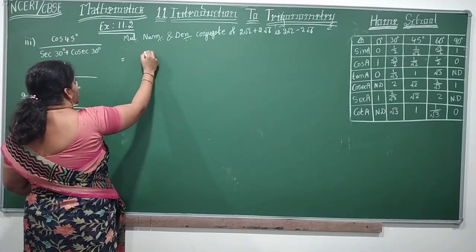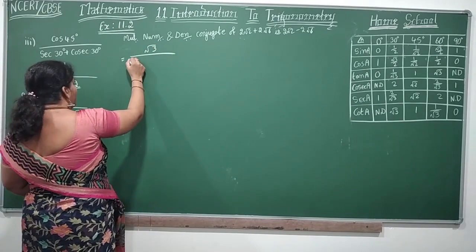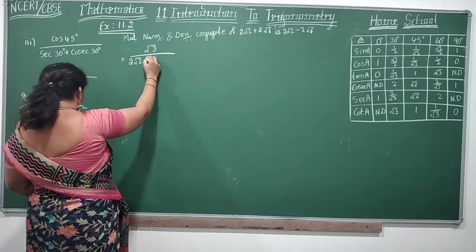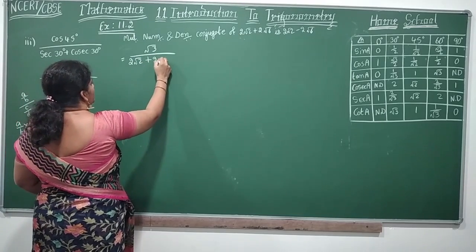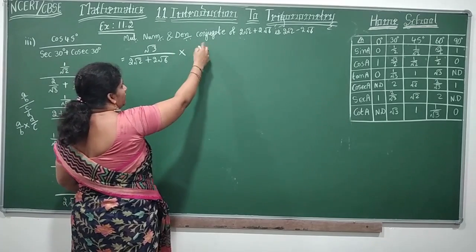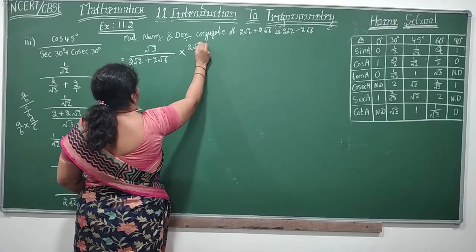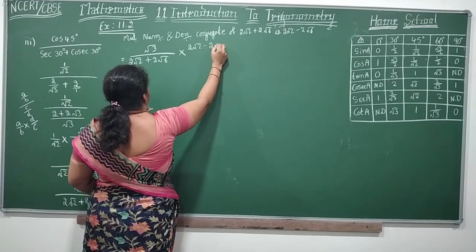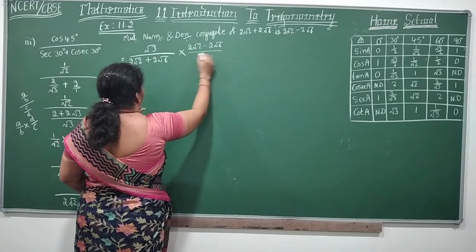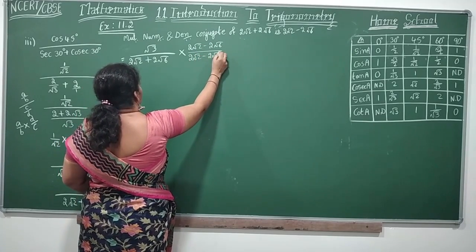Is equal to root 3 by 2 root 2 plus 2 root 6 into, now what am I going to multiply here? 2 root 2 minus 2 root 6 by 2 root 2 minus 2 root 6.